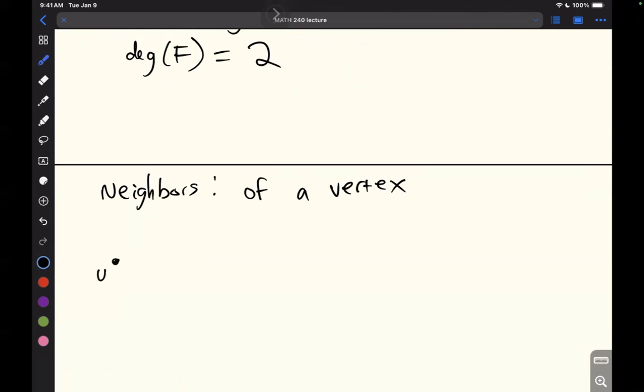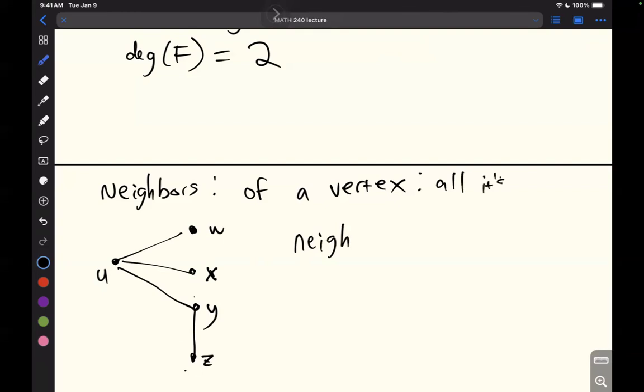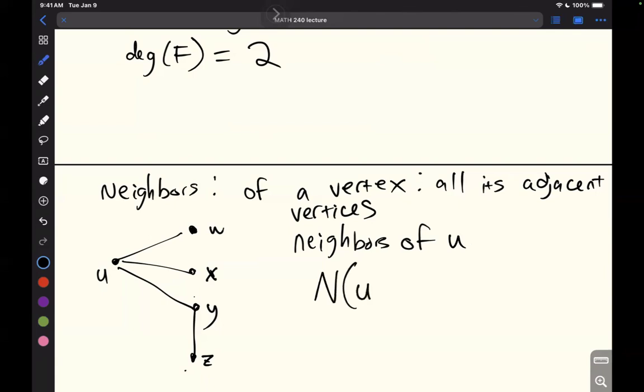So if I have U and it is adjacent to W, X, and Y, and there's also some Z that U is not adjacent to, then the neighbors of U, which we can denote with a capital N, and again, in parentheses, we say which vertex we're talking about.